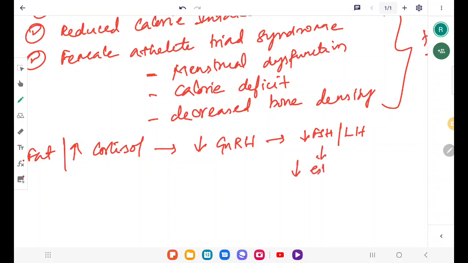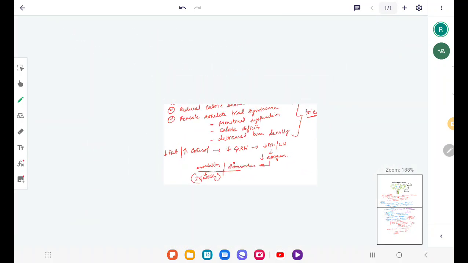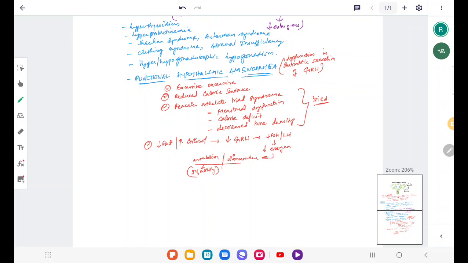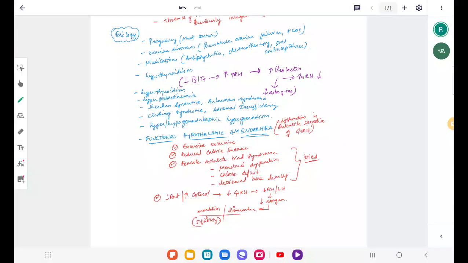That results in decreased secretion of estrogen, which causes secondary amenorrhea, or it could be anovulation, and finally the female presents with infertility. So these are the causes of secondary amenorrhea.